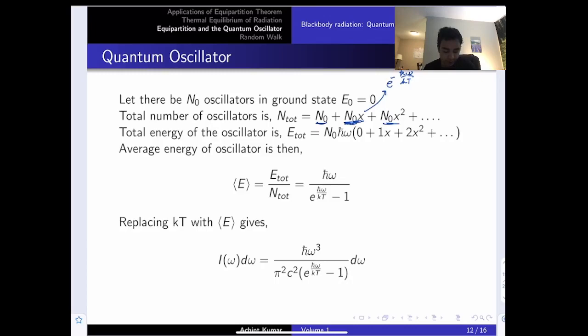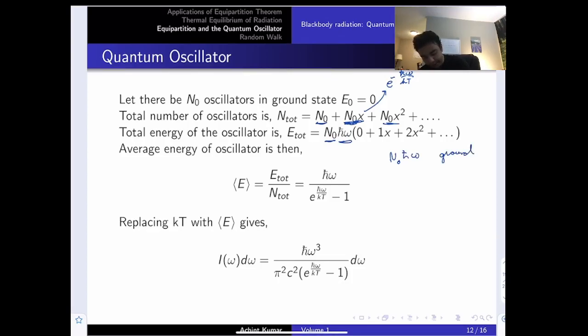The total energy of the oscillator would be the number of oscillators times the energy. So it would be, for the ground state, n naught times h bar omega.